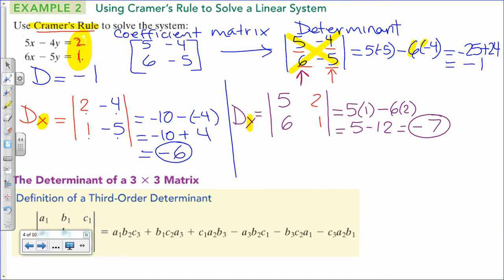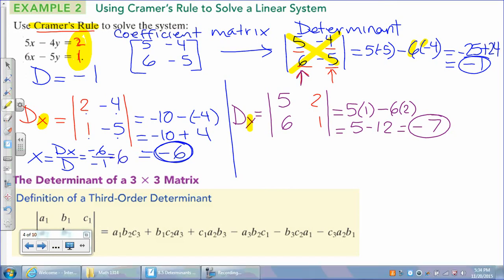So to find x, we need the determinant of x divided by the determinant. That will be -6 divided by the determinant of the coefficients, which is -1. And this will equal positive 6.